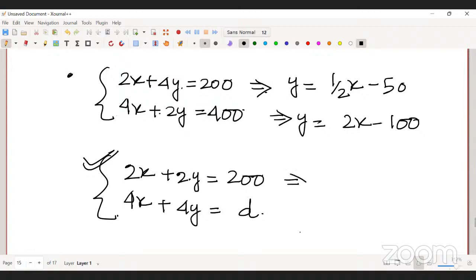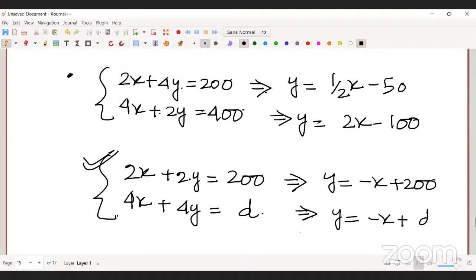That means x plus y equal to minus x plus 200, right? And here y equal to minus 4x plus D, that is, minus x plus D by 4, right?